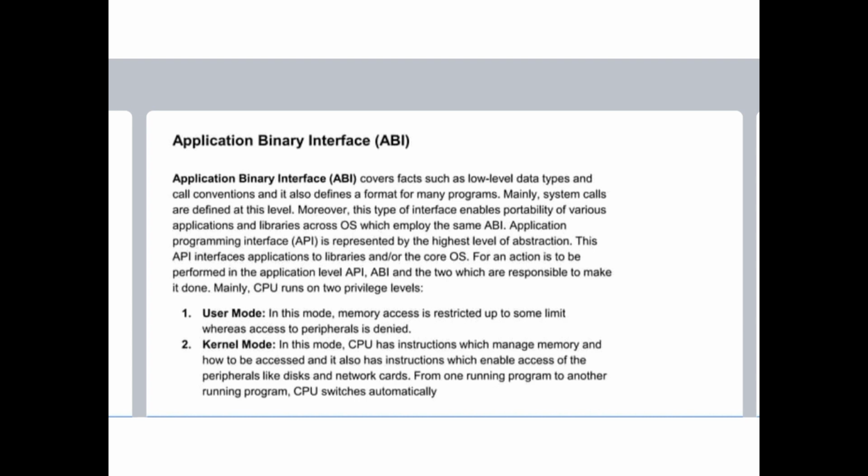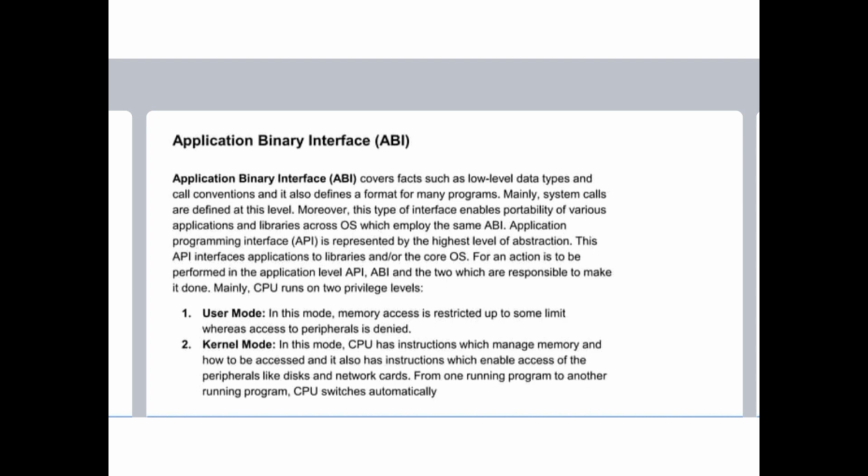Mainly the CPU runs on two privilege levels, and they are user mode and kernel mode. In the user mode, memory access is restricted up to some limit, and access to peripherals is denied. In the kernel mode, the CPU has instructions which manage memory and how it can be accessed.